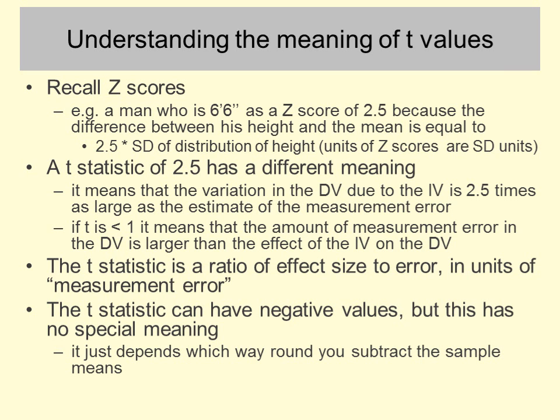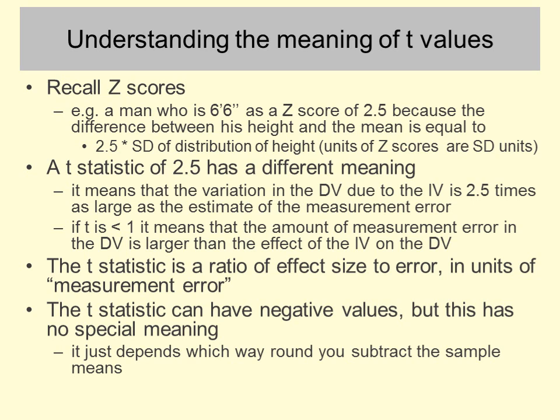So, further notes on understanding the meaning of t values. I like to think about t in relation to z, helps me understand the difference. So let's remind ourselves the meaning of z scores.